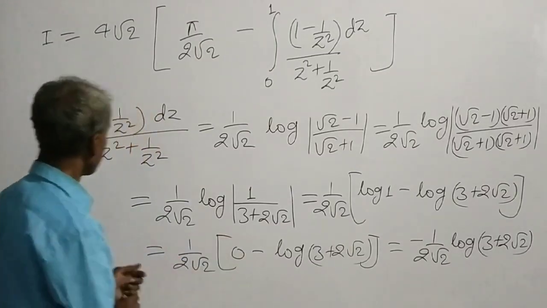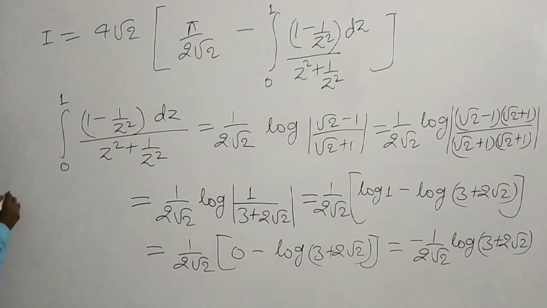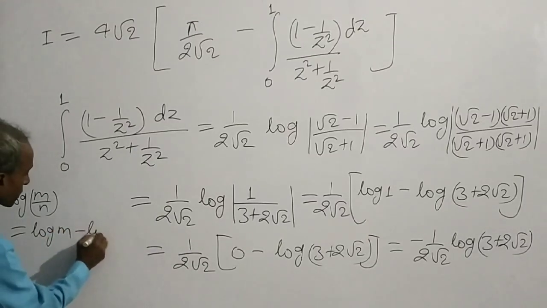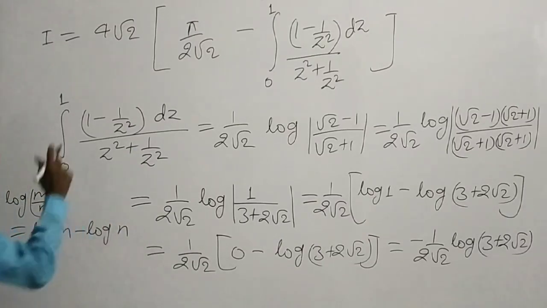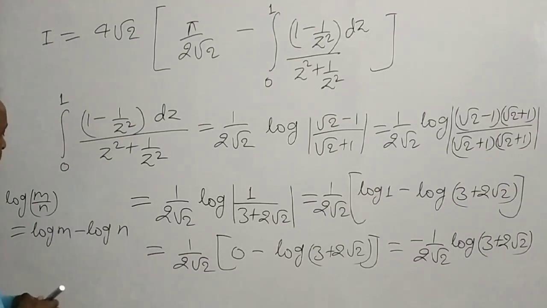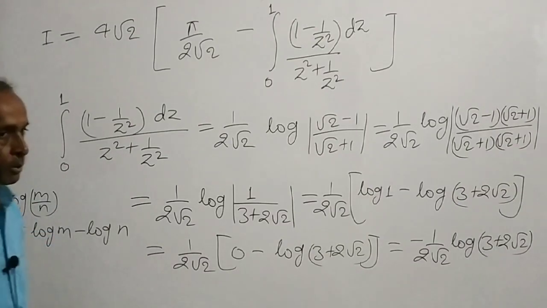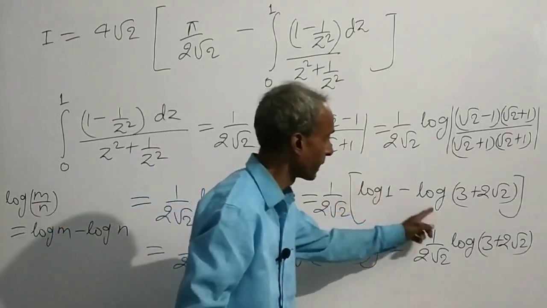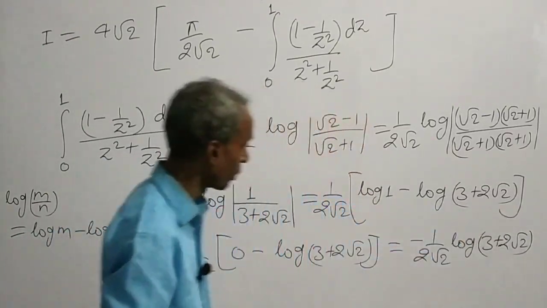Now there is formula log m by n to any base is equal to log m to the same base minus log n to the same base. By applying this formula, we can write 1 by 3 plus 2 root 2 as log 1 minus log of 3 plus 2 root 2.